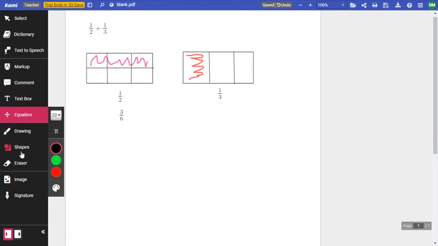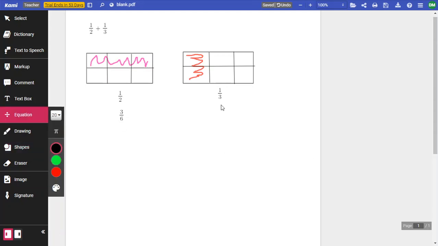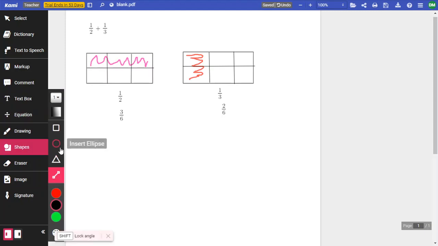And then I'm going to do the same thing over here with my 1/3. I'm going to add a line that represents my 1/2 there. So now instead of having 1/3, what I actually have is 2/6. So now let's make a new box, and we can actually add them up.